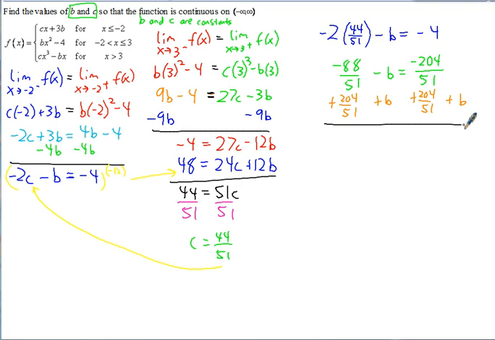Let's see, negative 88 over 51, and then we got 204 over 51, so 204 over 51 minus 88 is 116 over 51 equals, now this is a positive b over here, so that equals b. So that's our solution for b and c.